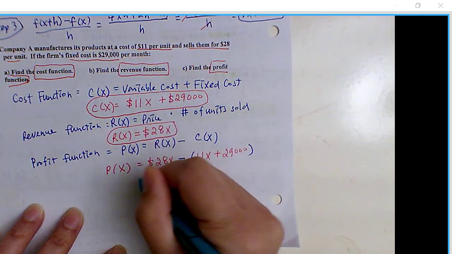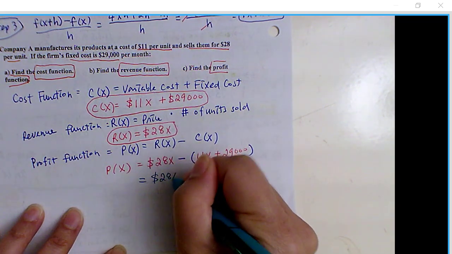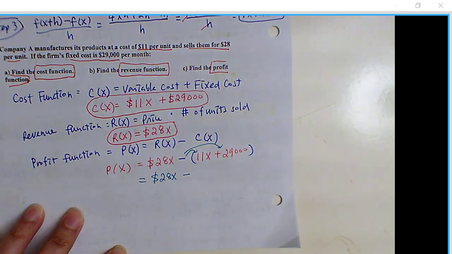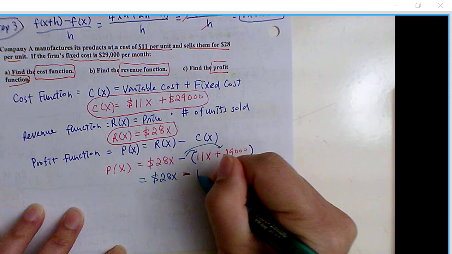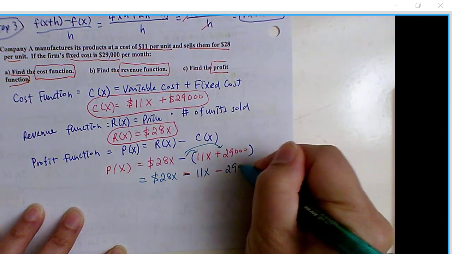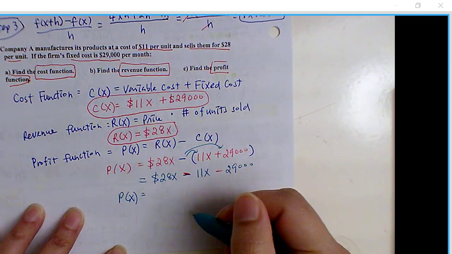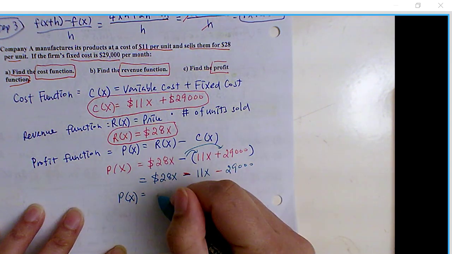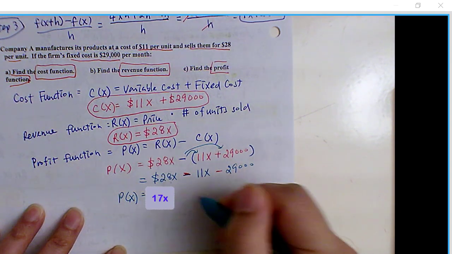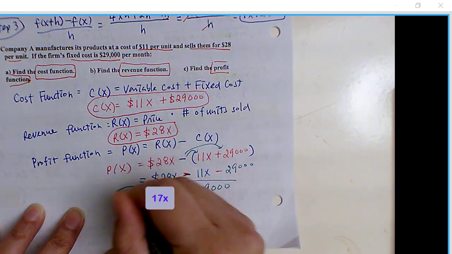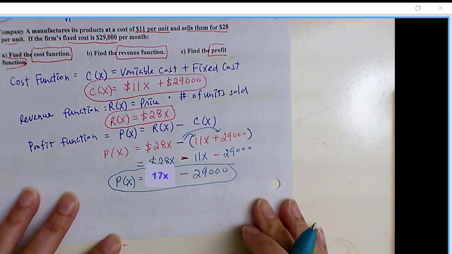So this will equal 28x, distribute, minus 11x minus 29,000. So P of x will equal 28 subtract 11 would be 17x minus 29,000. Okay, so that's your profit function.